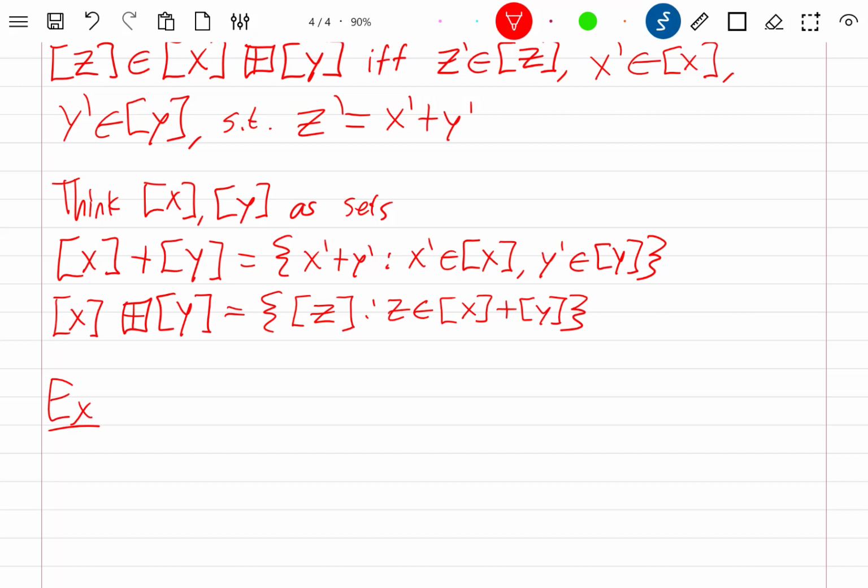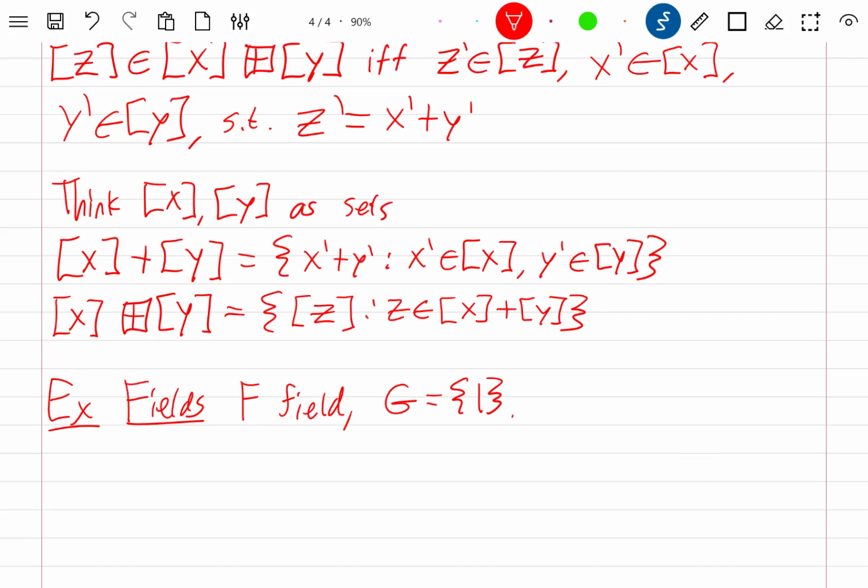So fields are quotient hyperfields. If my field is F, then G has to be a subgroup of the multiplicative group. So I will let G just be the multiplicative identity.